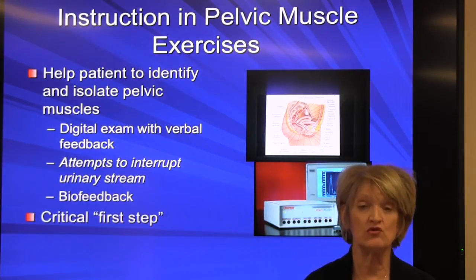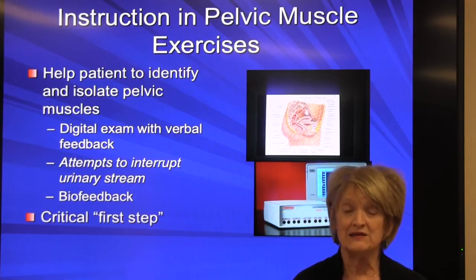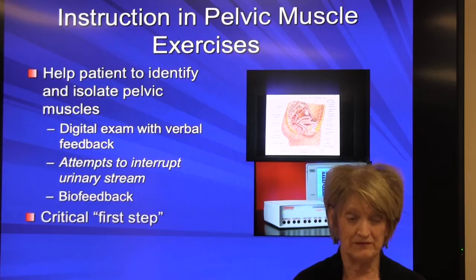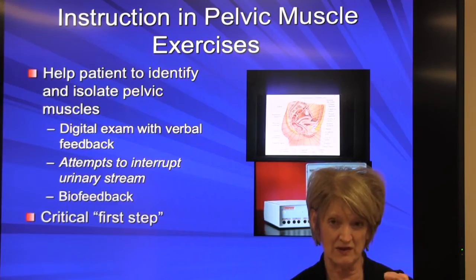Some women started routinely trying to interrupt their urinary stream, and that led to mixed messages to the brain. Here's the bladder trying to contract and empty, and then they're contracting the pelvic floor to stop urinary flow and to interrupt the bladder contraction, and then they're opening up and then they're stopping.